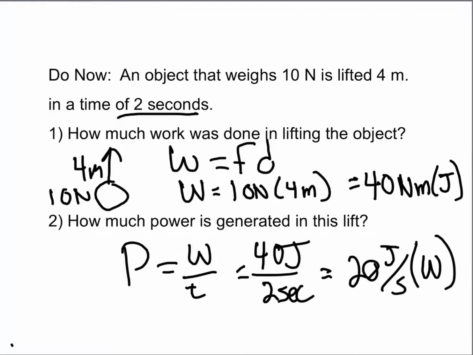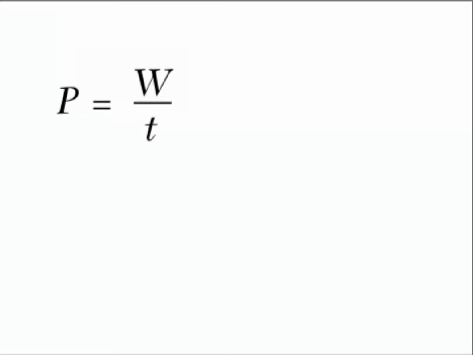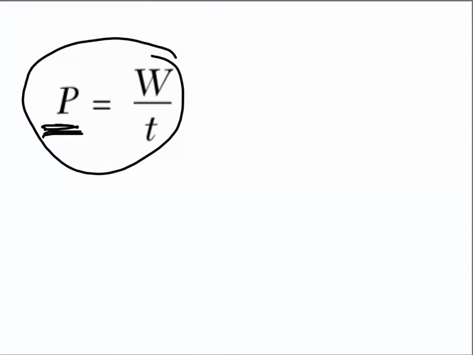Now, this is the formula we're dealing with. The question is why would I bother to bring this up? Well, power is something that's very often discussed in electrical circuits. So what we need to do is convert this mechanics formula into something that's a little bit more user-friendly for circuits. Here's how we're going to do that.